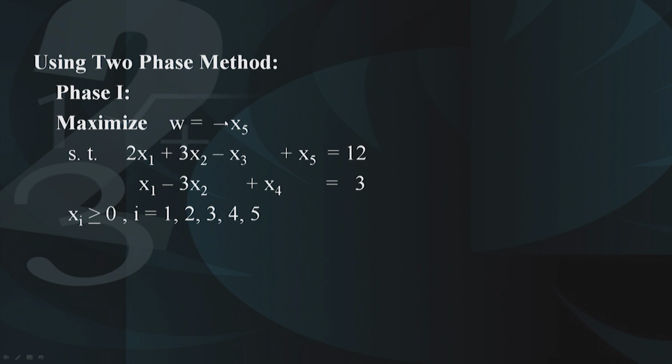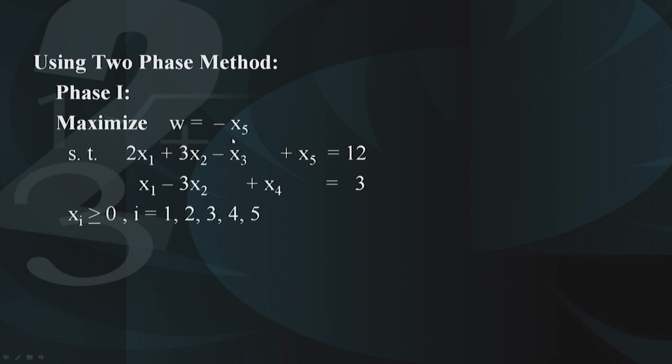Now, this problem has been converted into the standard form, and since the artificial variable x5 has been introduced, we will use the two phase method. In the first phase we are going to maximize minus x5, because phase 1 says minimization of the sum of the artificial variables, or in other words maximization of minus x5.